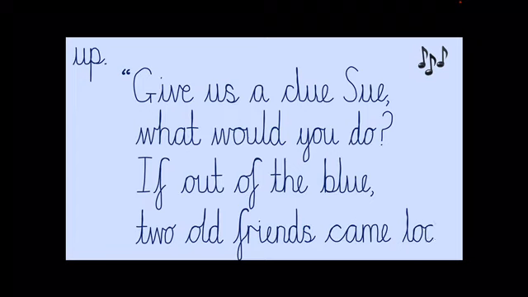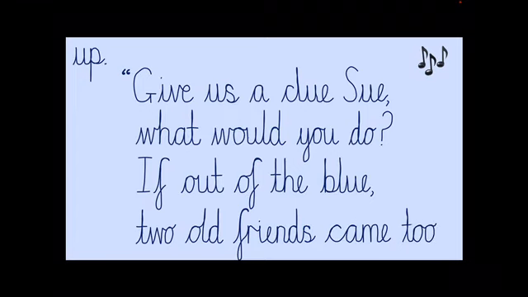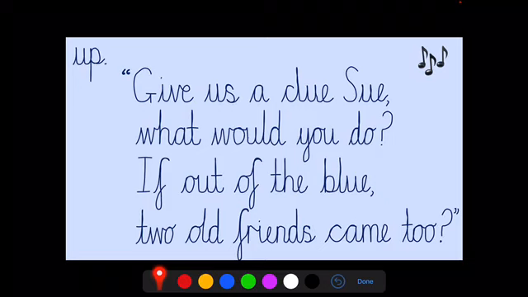Came a consonant E, and this too needs a double O. So you can see when we look at this song that we have Sue and blue as one set of words that sound the same, and then we have do and two.